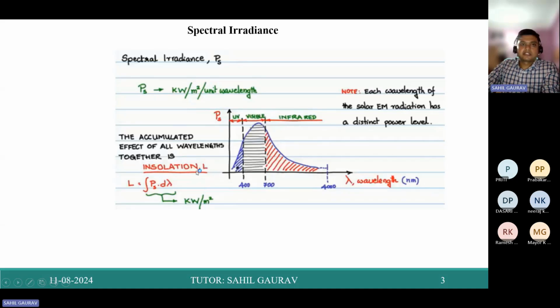Now how can we get the solar insolation from this spectral irradiance plot? We have to integrate the spectral irradiance plot with respect to wavelength, so that we get the solar insolation, and the unit of solar insolation is kilowatt per meter square. So what is solar insolation L? It is the accumulated effect of all wavelengths together that gives the solar insolation.